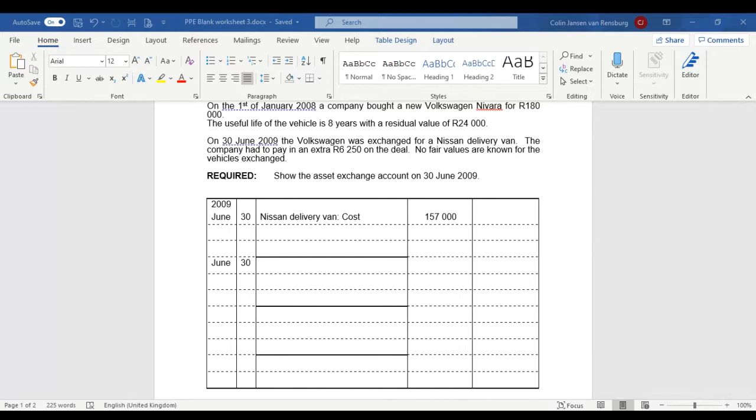If you can type for me there, please. How many different accounts do we have that carry the carrying amount of that asset?